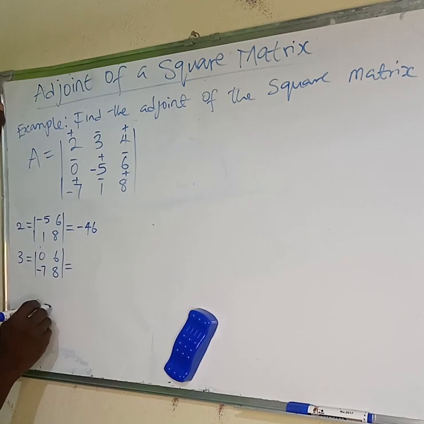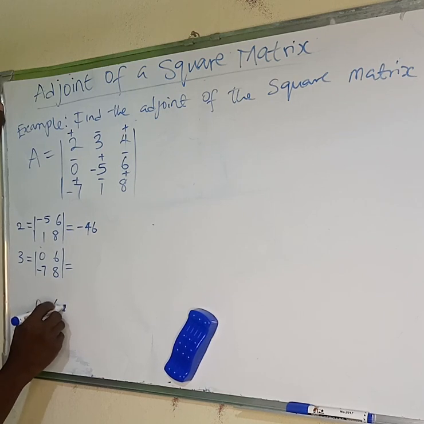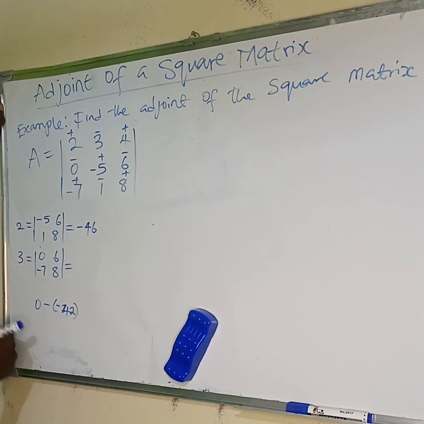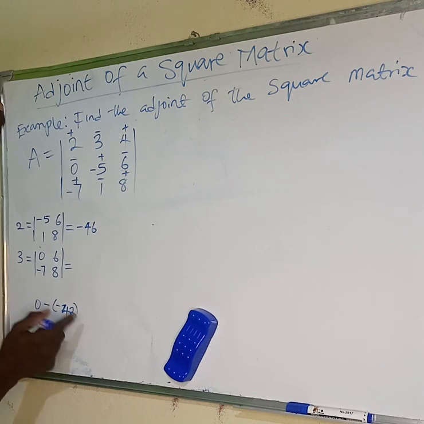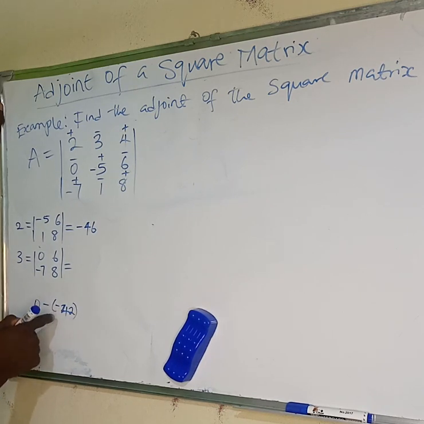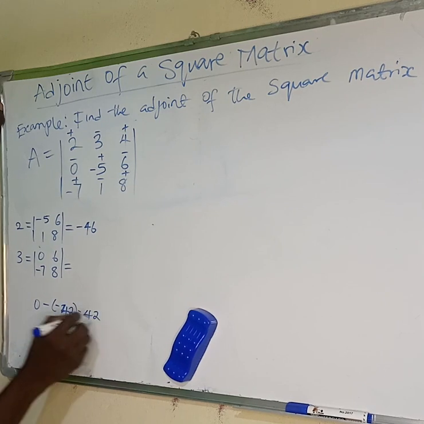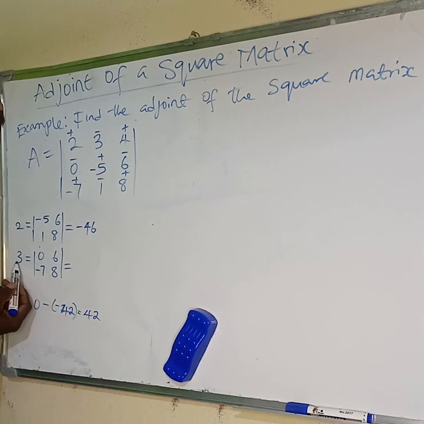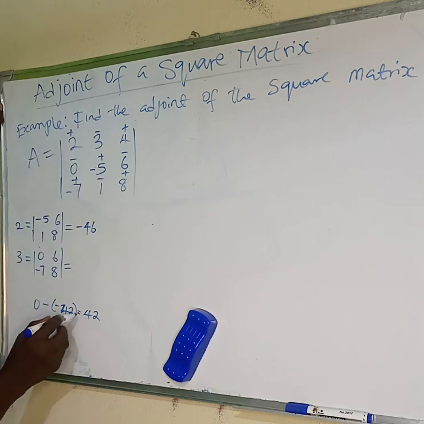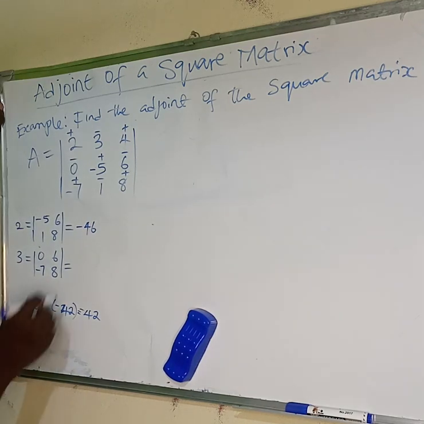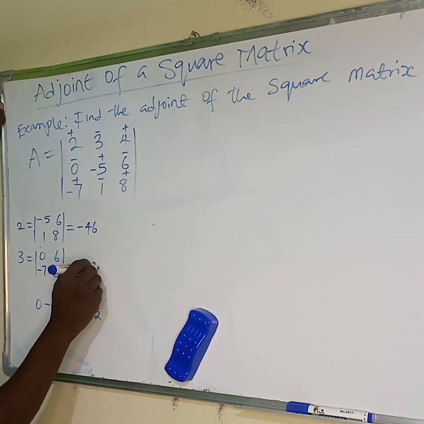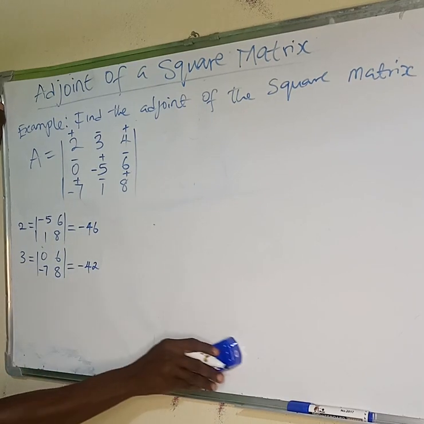So 0 minus negative 42 will give us positive 42, because negative negative will give us positive. However, don't forget, the place value sign for 3 is negative. So that negative will come in front of this 42. So we're going to be having negative 42. I hope that's clear.